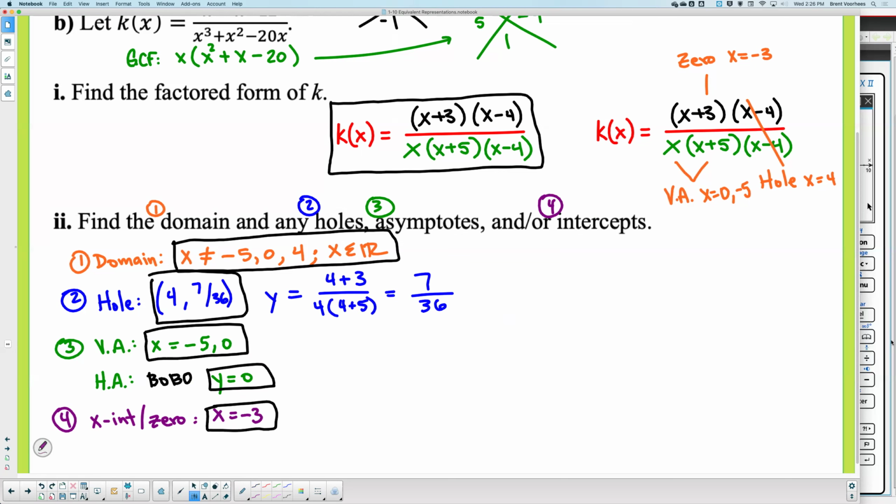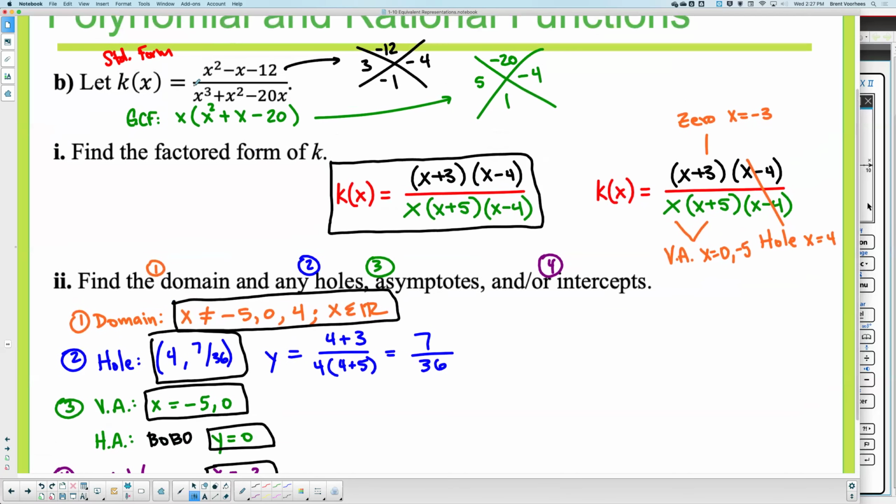What about a y-intercept? How would you find the y-intercept? You plug in 0. This one's called k, so I'm going to do k of 0. When you plug in 0, remember, use the standard form. Everything that has an x simplifies out. So what's the constant left over here? -12. What's the constant left over in the denominator? There is no constant, so it's kind of like a 0.